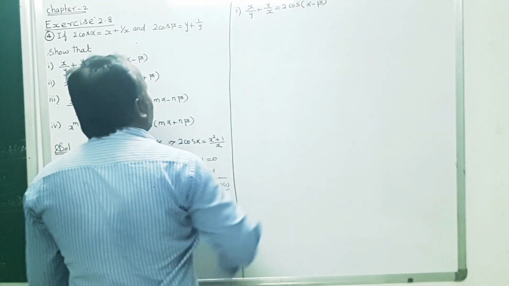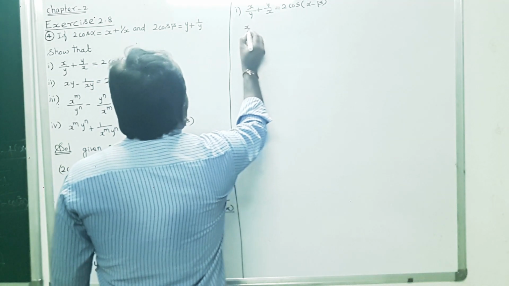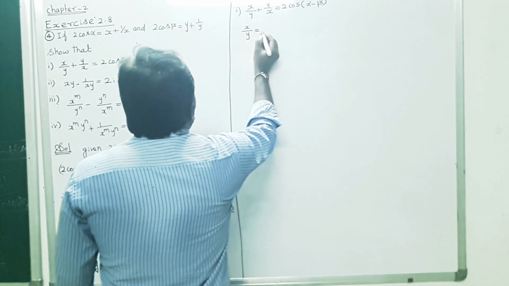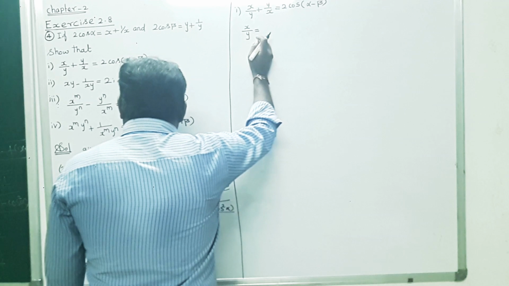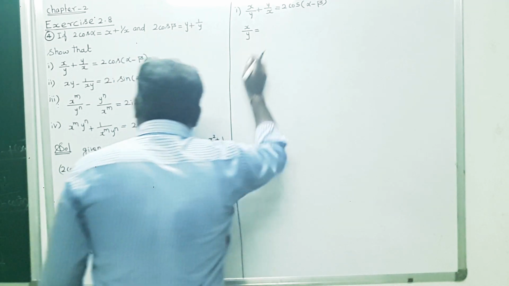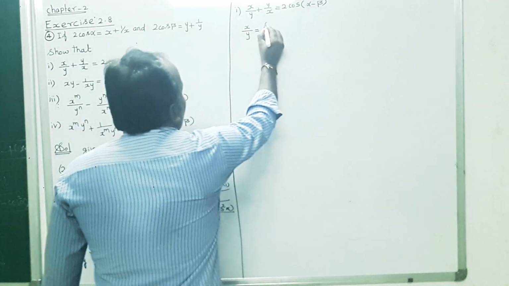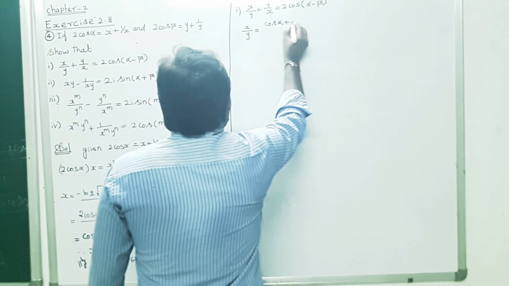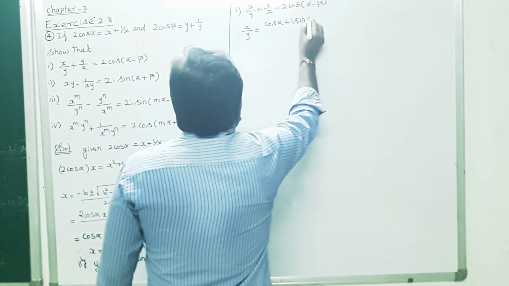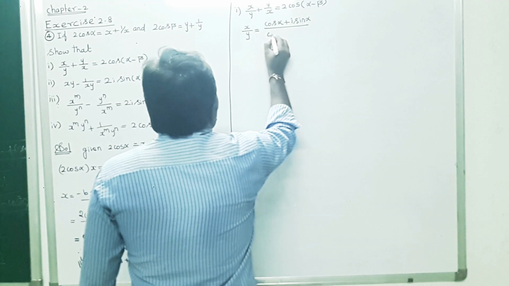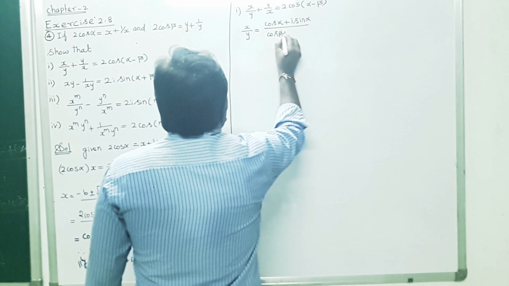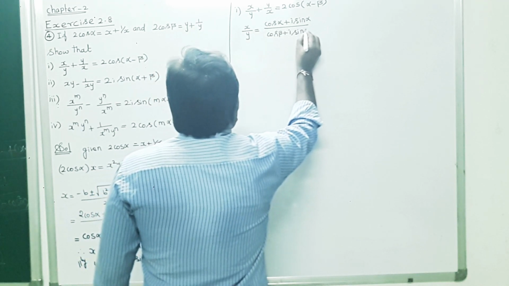The first value, x by y. So x by y is equal to cos alpha plus i sin alpha whole divided by cos beta plus i sin beta.